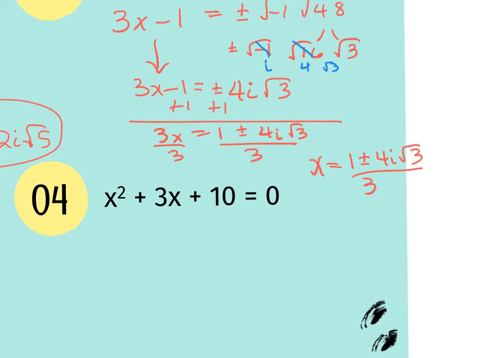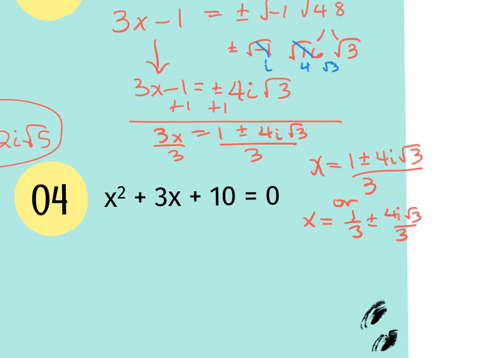If you want to pull it apart and make it separate fractions, you could also say 1/3 plus or minus 4i square root 3 over 3. Either one of these would be acceptable. Number 3 and 4, I'm going to do completing the square.